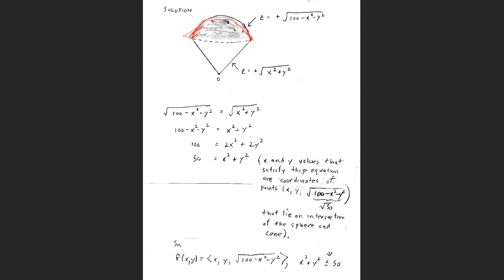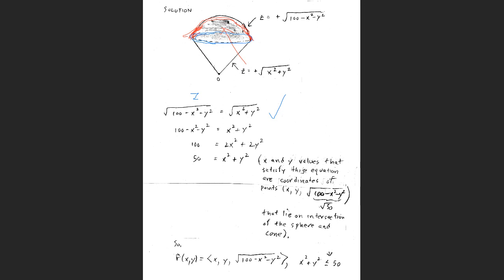So clearly, if I'm interested in this shaded area here, it's very important to identify where the cone intersects the sphere. And so for that, I have to set the equation of the sphere equal to the equation of the cone.